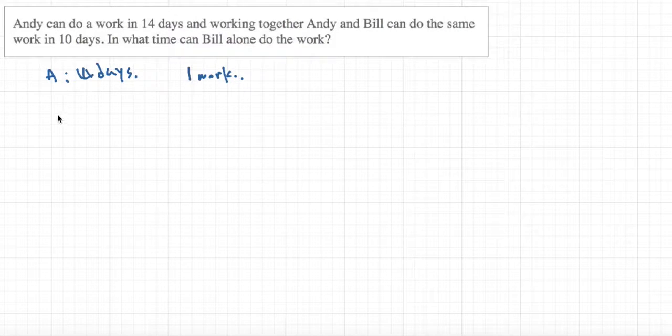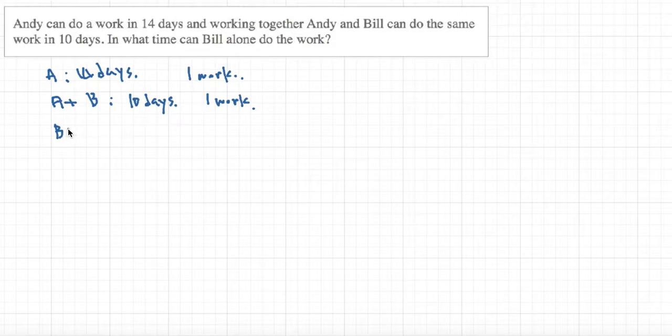And Andy and Bill can do the same work in 10 days. So when Andy and Bill work together, it takes 10 days. The work amount is one work at this time. The question is, in what time can Bill alone do the work?